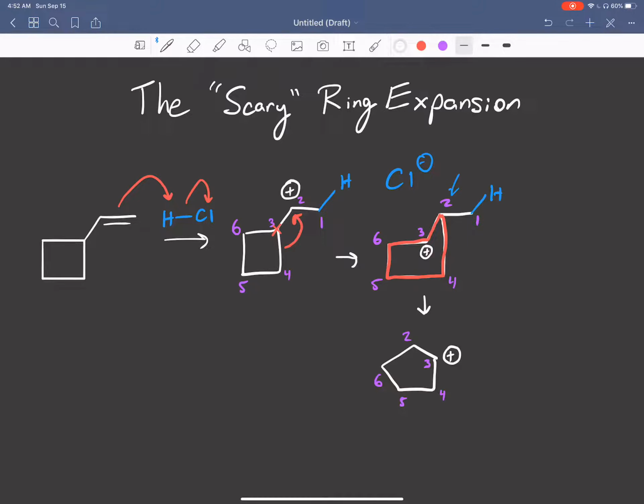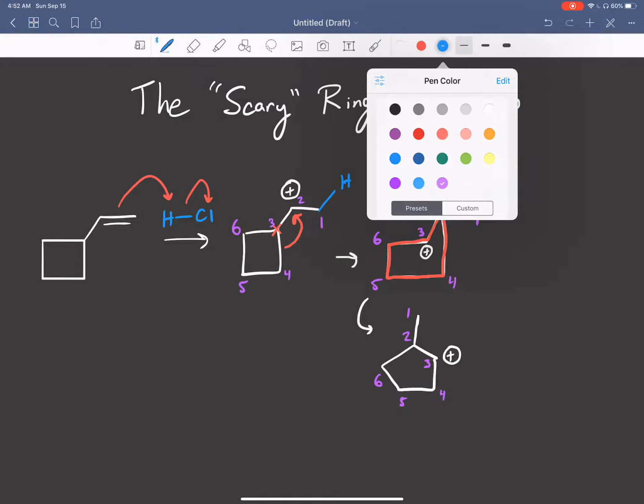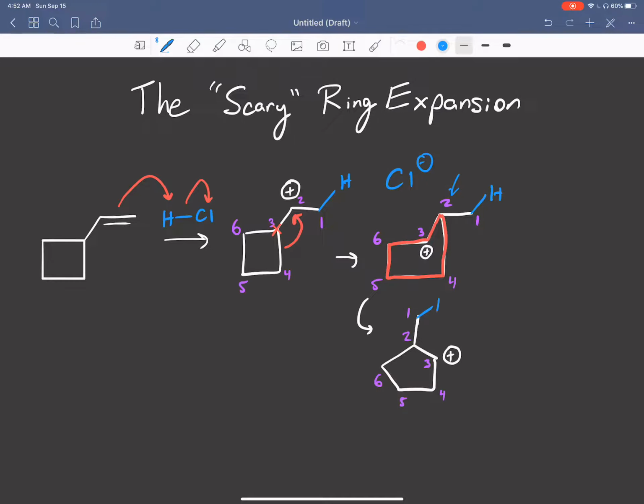And if we see off of carbon 2, we have carbon 1. So we're going to draw a bond. Let me just delete that. Off of carbon 2, we had carbon 1. And the blue hydrogen that we added in the first place is now there. Okay? And so I hope that helped you guys visualize the ring expansion.